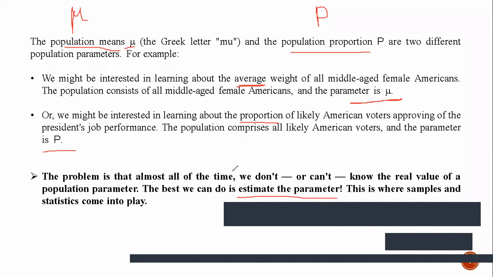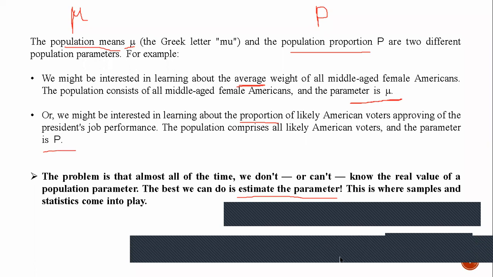We can't get the actual values for those population parameters, so we can estimate them. This is where samples and statistics come into play. Is it clear up to this point? Any questions so far? Okay, so let's move to the next part.